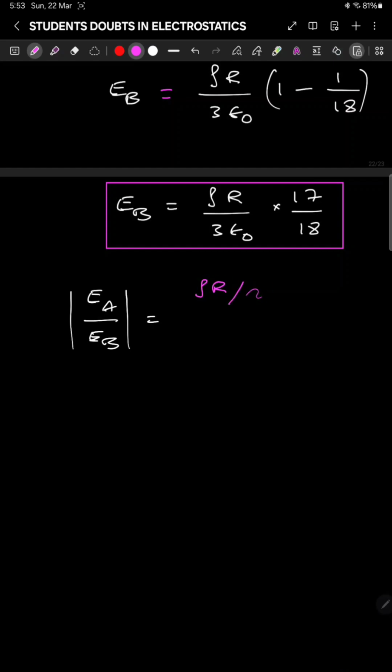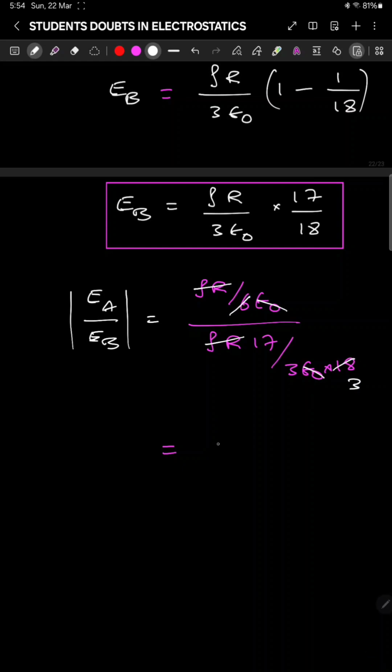EB value was rho R into 17 by 3 epsilon naught into 18. Now you can simplify. Rho, R, epsilon naught cancel. Even by 6 here, 3 times. So your answer is 9 by 17.